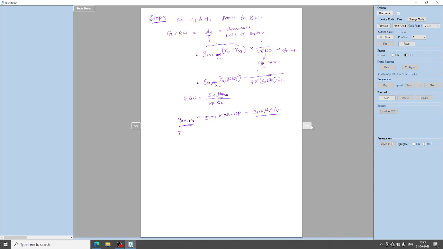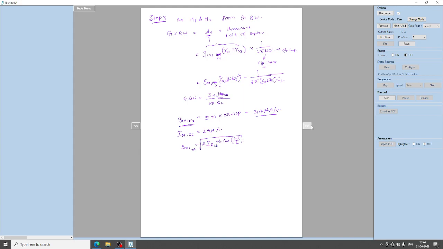Also, we know the current flowing through M1, the drain current of M2, is 25 microamps. We can find the aspect ratio using the expression of transconductance: GM equals the square root of 2 ID into mu n COX W by L. This is for transistor 1 or 2.